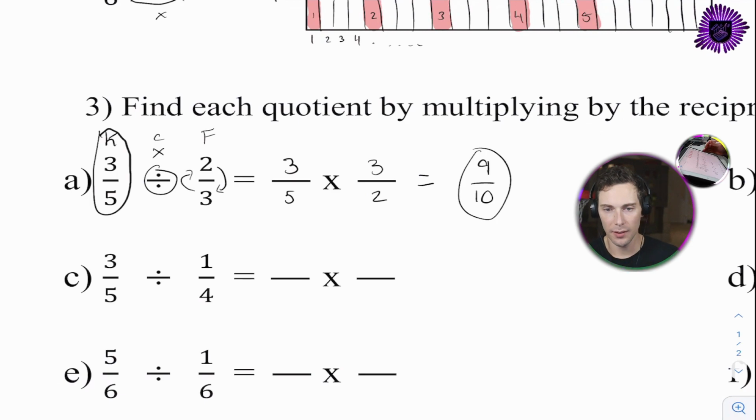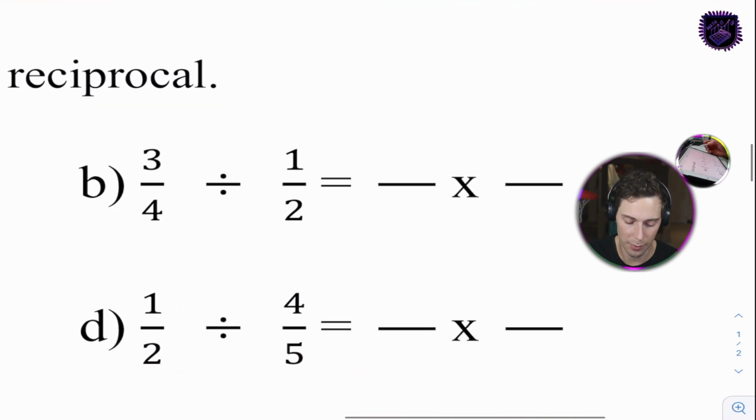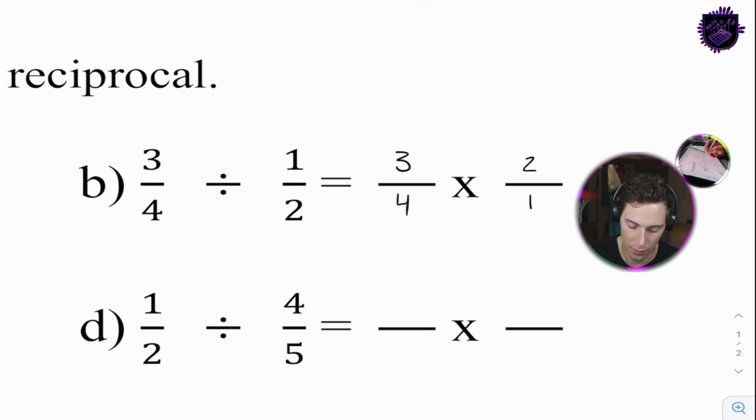And now we're going to practice a few times, and this goes quick once you get the hang of the keep, change, flip, or I remember it as KFC. Keep, flip, change is kind of out of order, but that's how I remember it. Then we just have to apply it. So 3/4 multiplied by 2/1 is 6/4. Divide both by 2 and you get 3 halves.